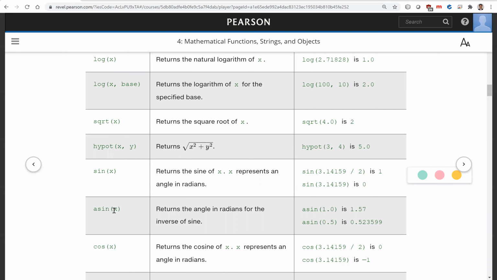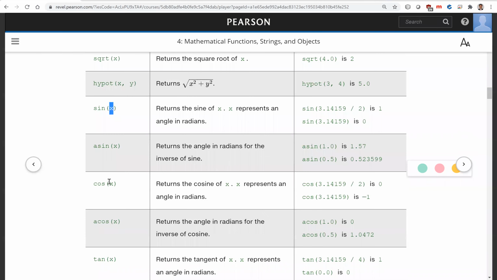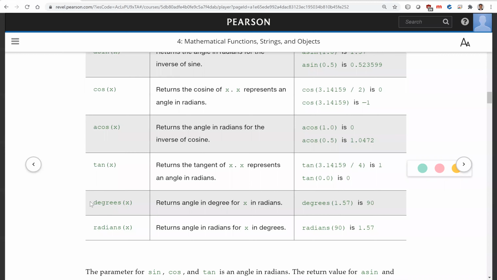So this x here, these are the radians. And likewise cosine and tan. degrees(x) returns the angle in degrees for x in radians. radians(x) returns the angle in radians for x in degrees.